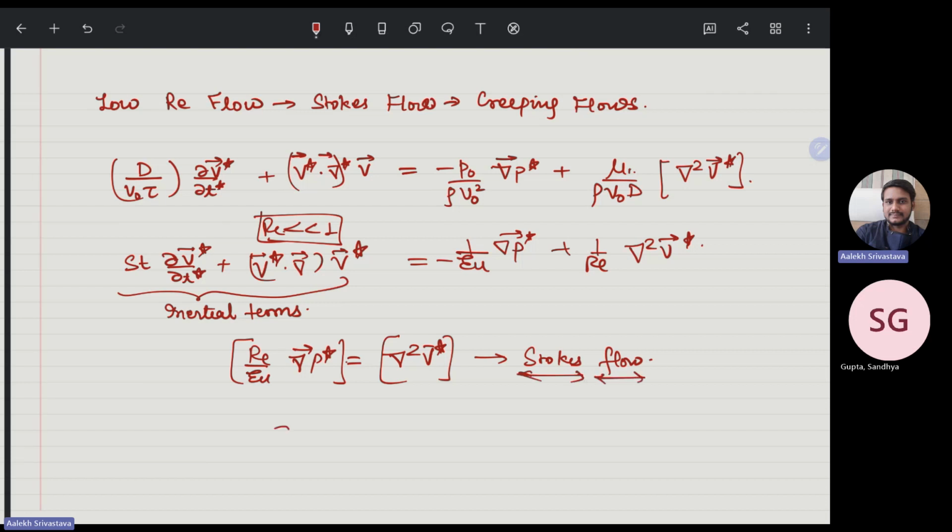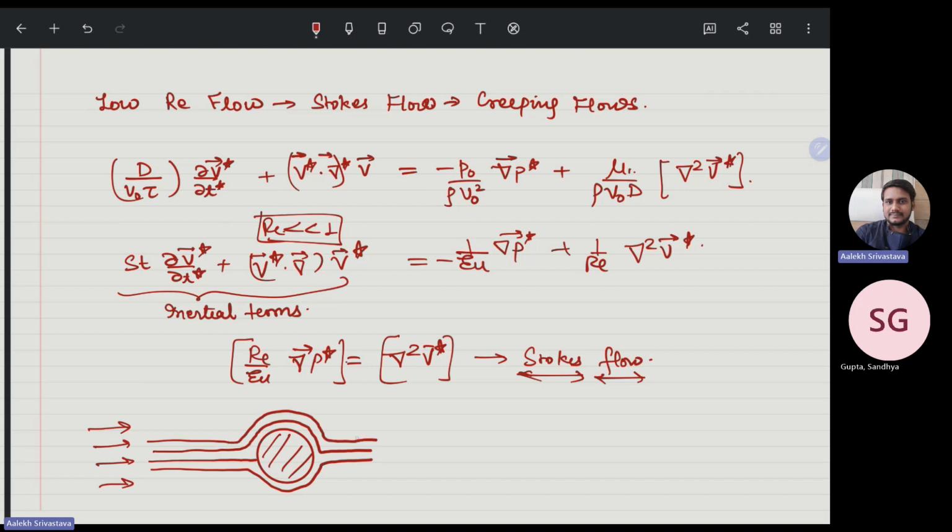Suppose you have a sphere and the flow is happening. At this point we have a stagnation, and at this point you have flow over the body.